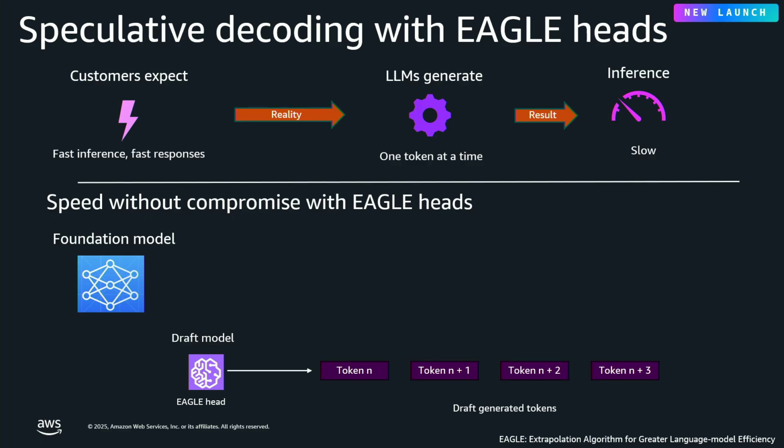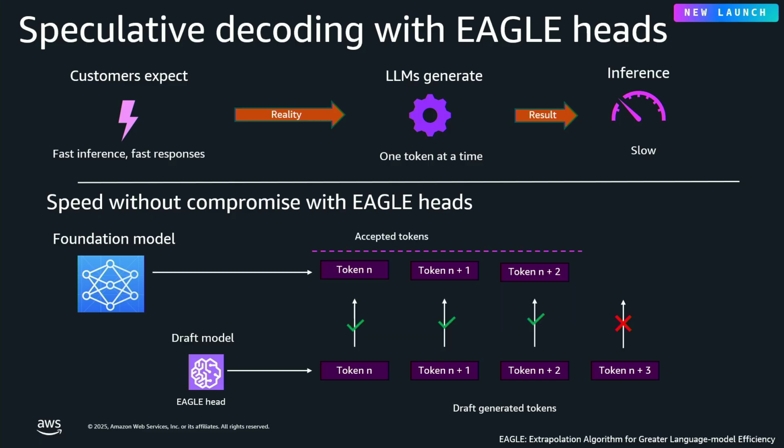They generate maybe the next n number of tokens all together, and the foundation model then evaluates every token that has been generated and sees whether it is actually the token that it would have generated. Instead of it generating, it's just evaluating all these tokens at the same time and accepting what it thinks it would have generated and rejecting what it thinks it wouldn't have generated. So from a foundation model generating one token at a time, it has now accelerated and accepted 3 tokens at a time, increasing your throughput.